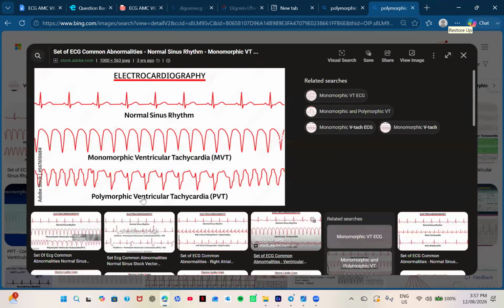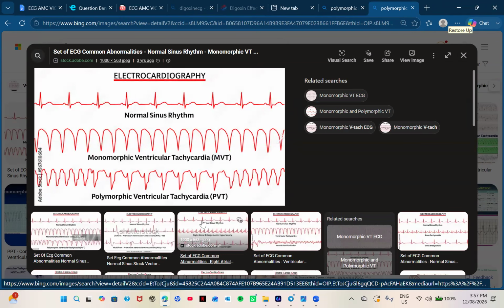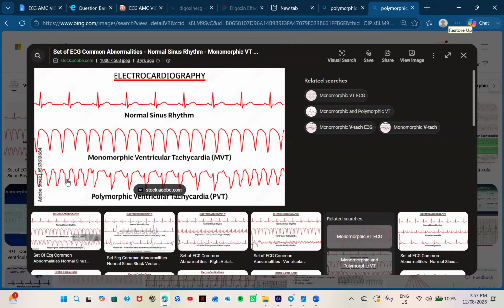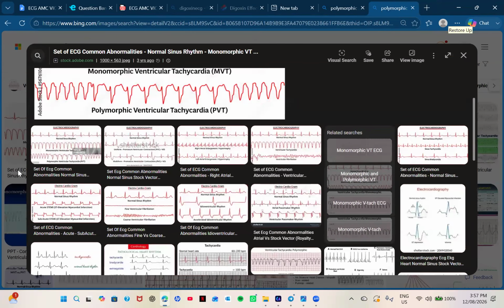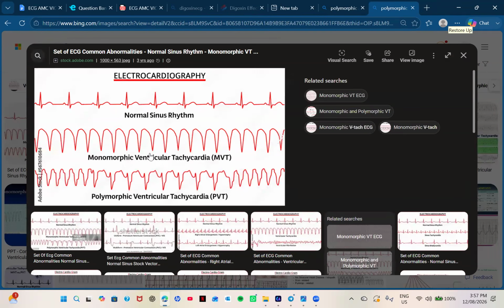Monomorphic and polymorphic: in polymorphic VT the QRS shape and axis continuously change. Sometimes in the same ECG there can be an earlier monomorphic part and a later part that can be differentiated as polymorphic. Just remember this.